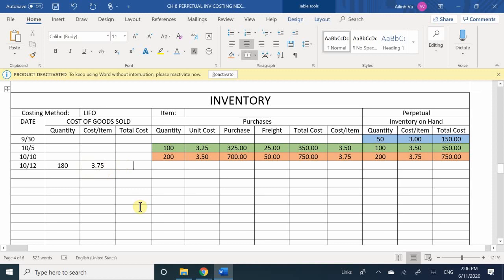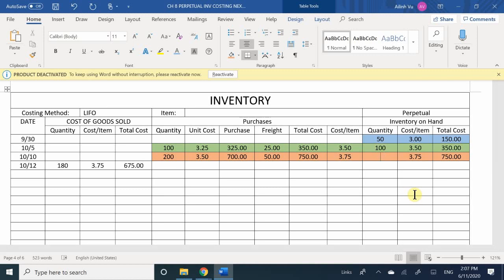So what is the total here? 675. Did everybody get that number? Yes. $675. Okay, good.